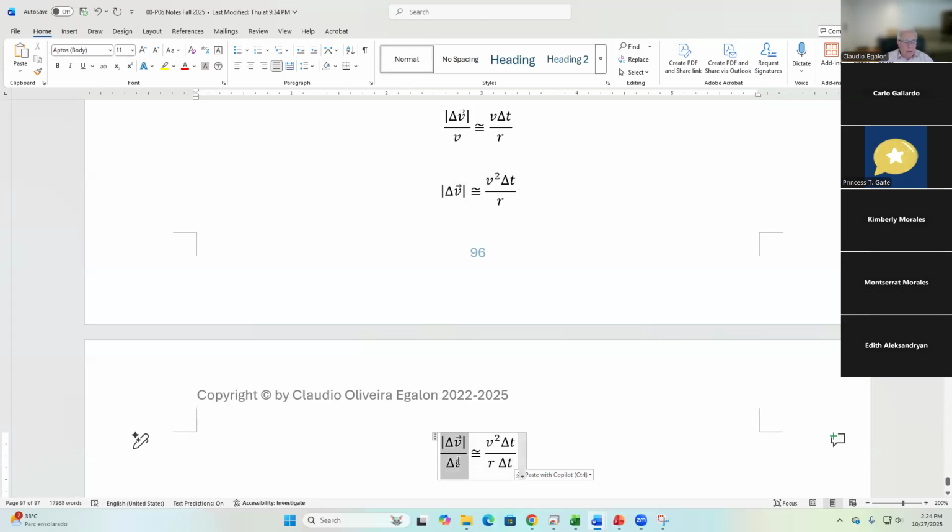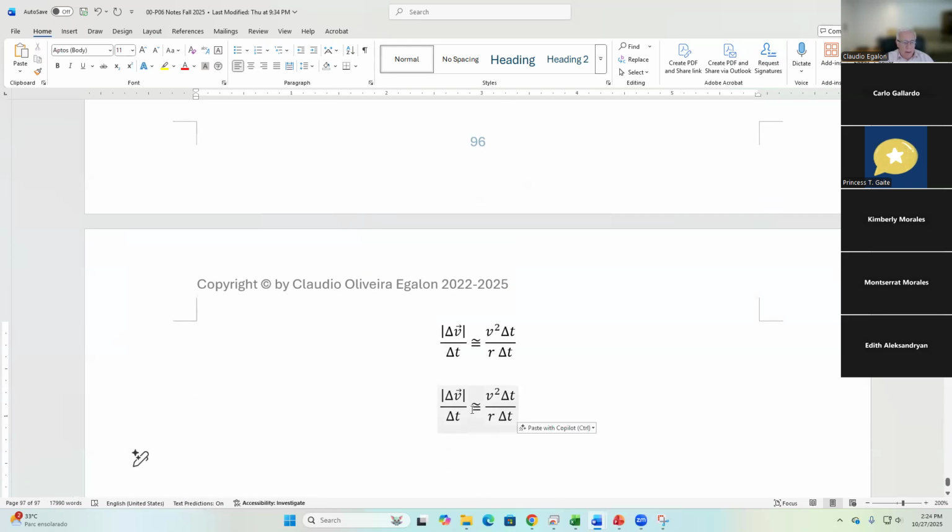When we do that, this term here is going to be our acceleration, which, by the way, is a centripetal acceleration only. There is no tangential component to this acceleration. The delta T terms cancel out. So let's cancel and cancel, and look what we have.